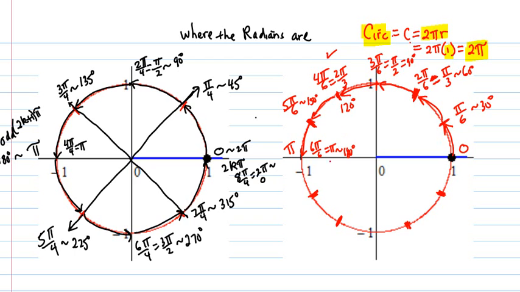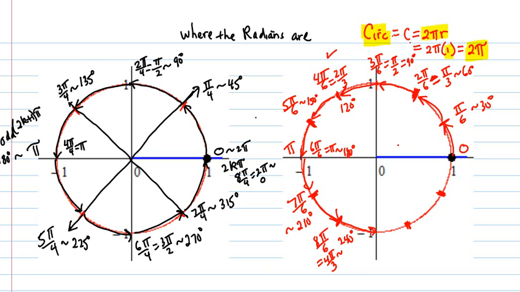Keep on going. 7 pi over 6, coterminal to 210 degrees. Go another pi over 6. That's 8 pi over 6, which is equal to 4 pi over 3, which is coterminal to 240 degrees.